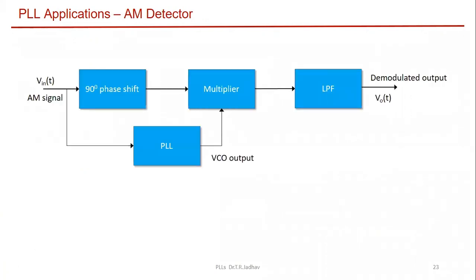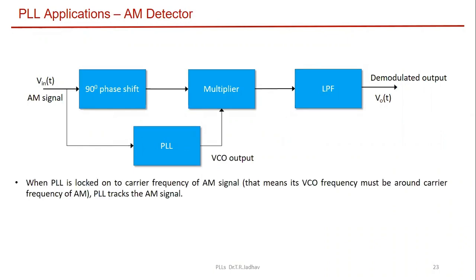So let's conclude. If this PLL is locked onto the carrier frequency of the AM signal, that means its VCO frequency must be around the carrier frequency of the AM. So the VCO frequency of this PLL we have set to the carrier frequency of the AM. The PLL will track the changes in the carrier frequency so that the output frequency will be exactly equal to the carrier frequency.